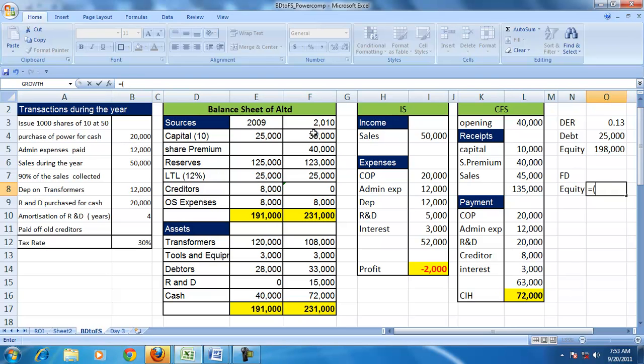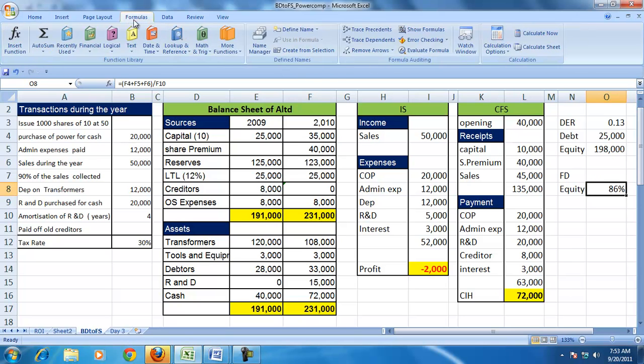We have already seen that capital plus premium plus reserves is equity, financing what percentage of the business? 85% of the assets are financed by equity.